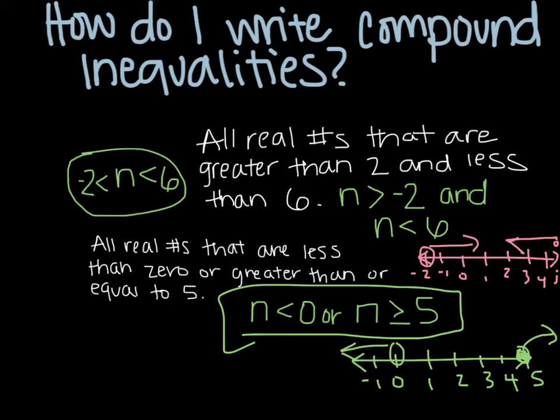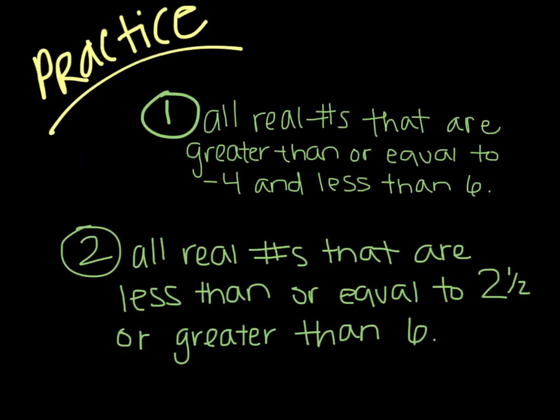So you're connecting the two, so -2 is here and 6 is here. This would be an open circle, and then it's the space in between that our arrows can touch. So that's how you would graph those problems.